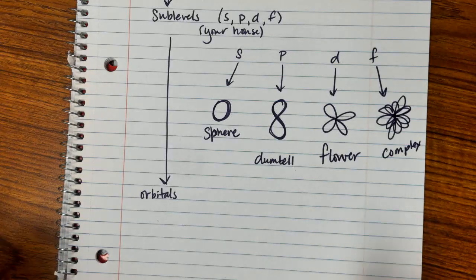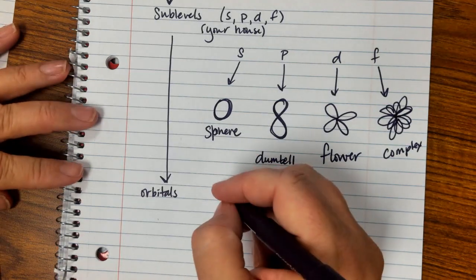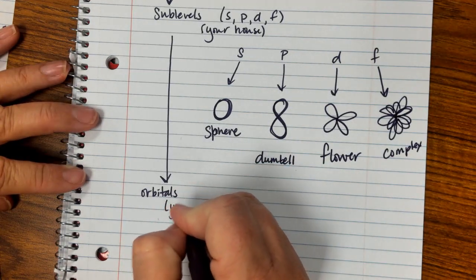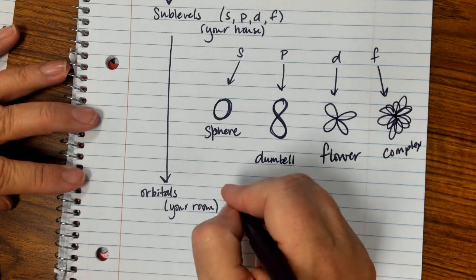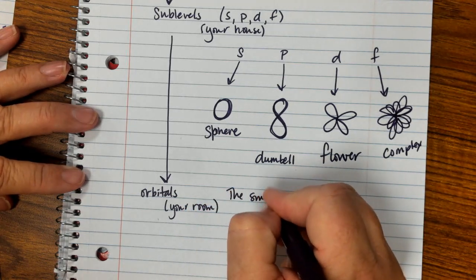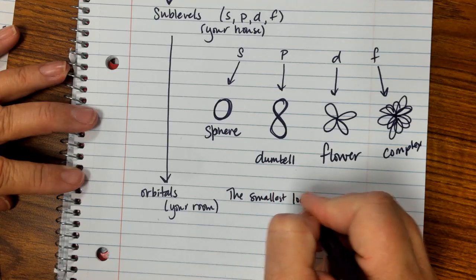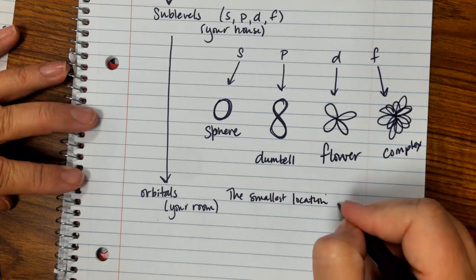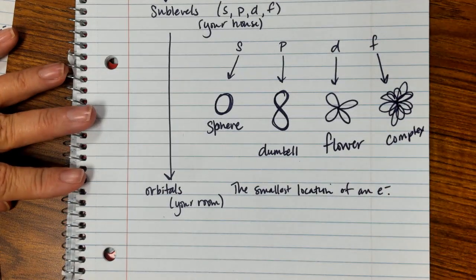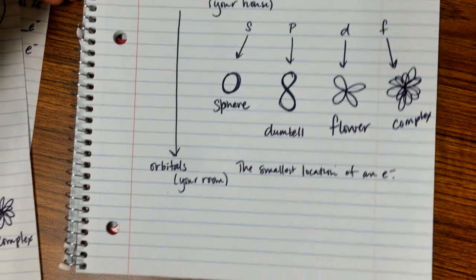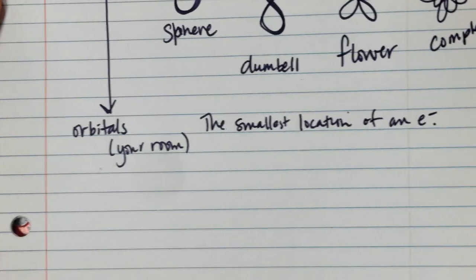We're getting more and more specific as we go. This is like your room. It is the smallest location that we can talk about for an electron.